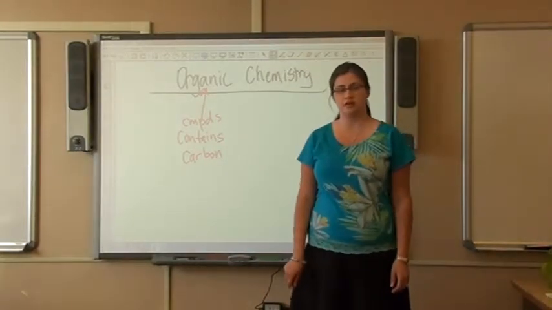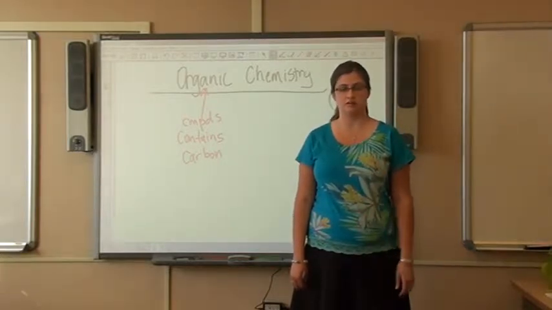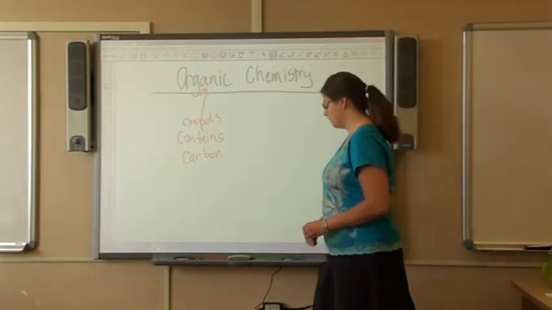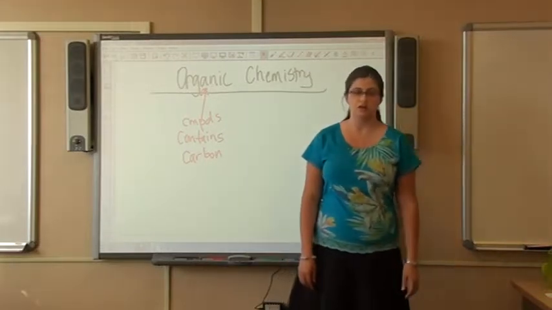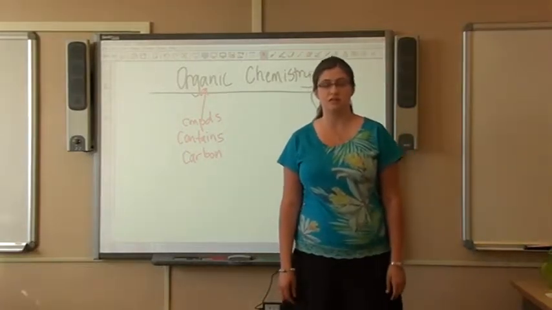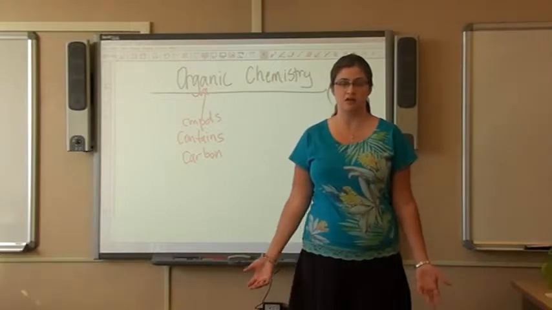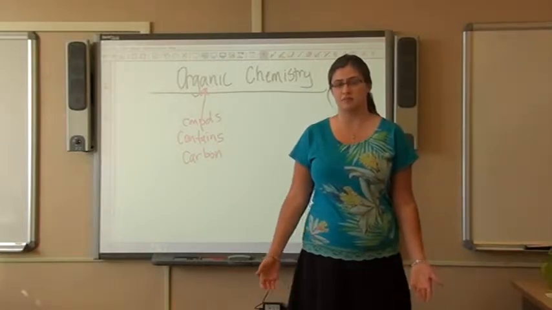So any compound that has a C, just one carbon atom in it, is organic. There's a whole branch of chemistry devoted to carbon chemistry because carbon-containing compounds are the most prevalent in our universe. And as you know, the carbon-containing compounds are what life is made of.